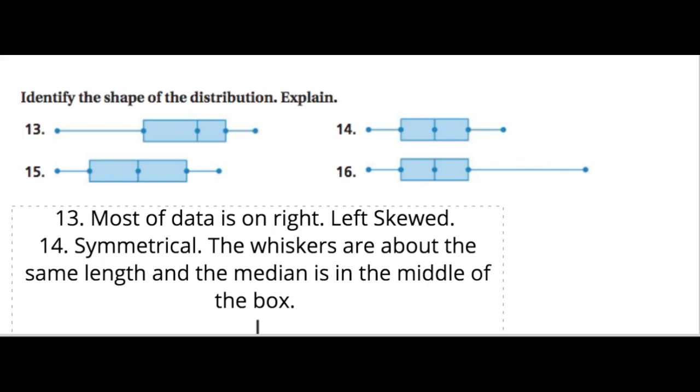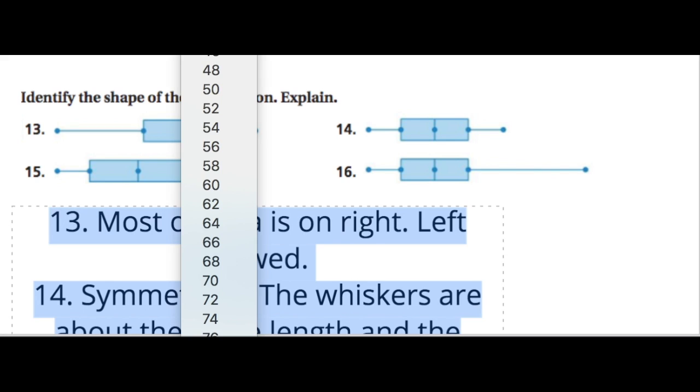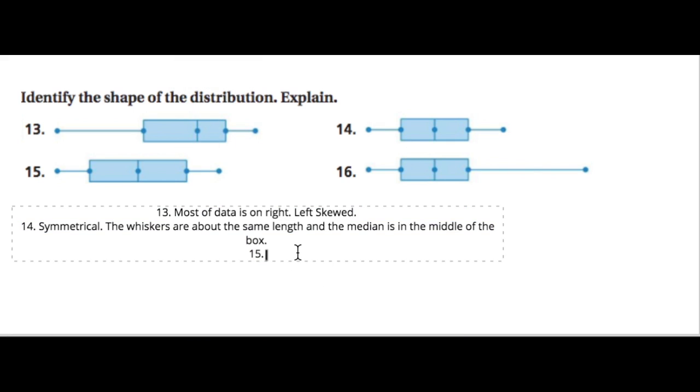Let's look at number 15 together. Let me see if I can make this a little bit smaller. Okay, so 15. Again, where is the majority of my data? Go ahead and think of what you think this would be, and you can pause this video if you need time to think.